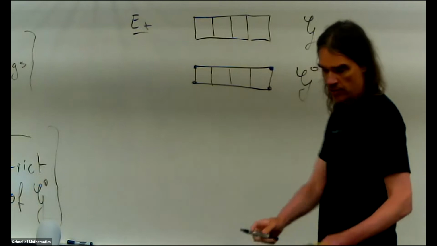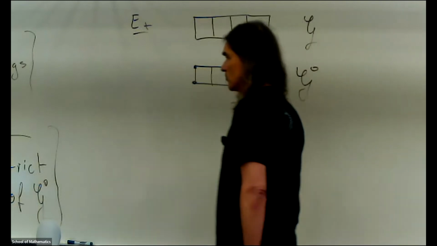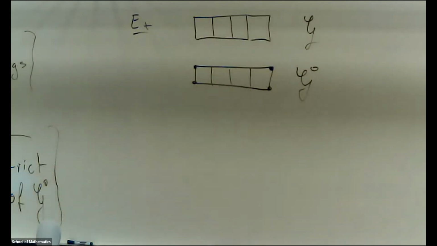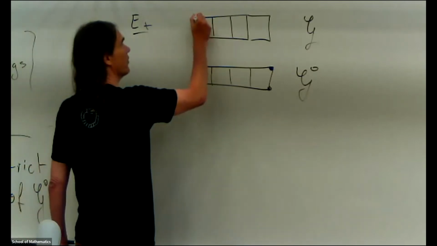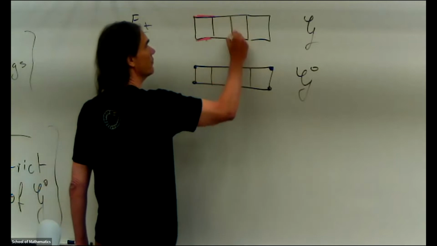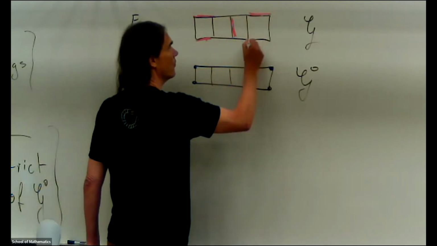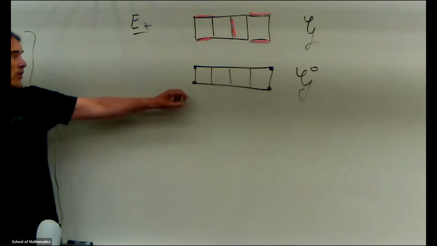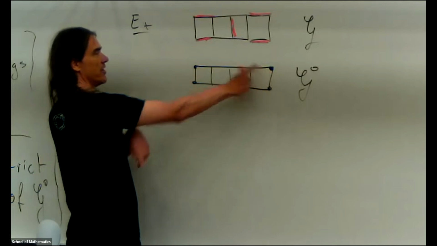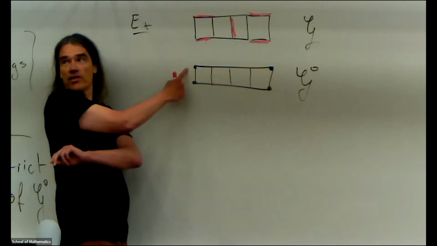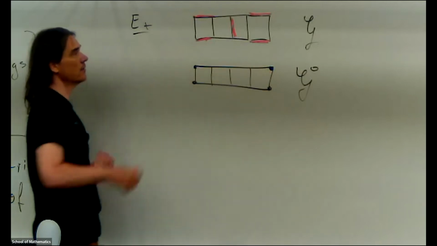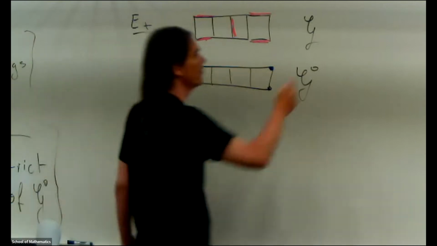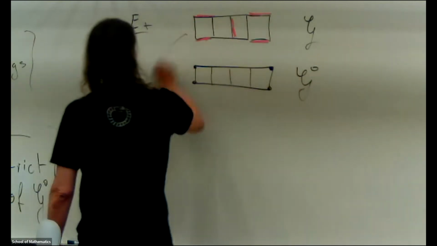So then on top, I can draw this matching here. That's a perfect matching, but it doesn't restrict to the graph here because this point here and this point are the same point. It will be covered twice.